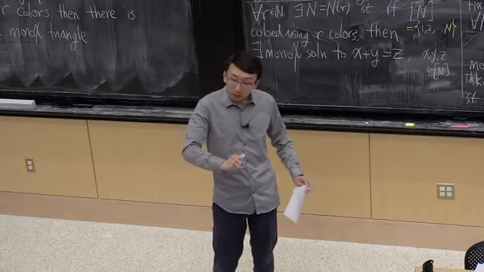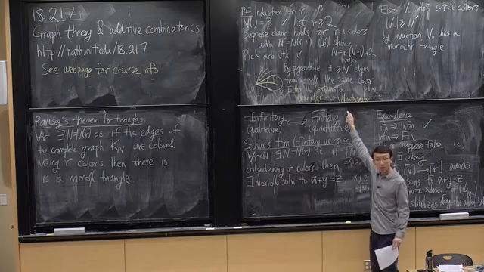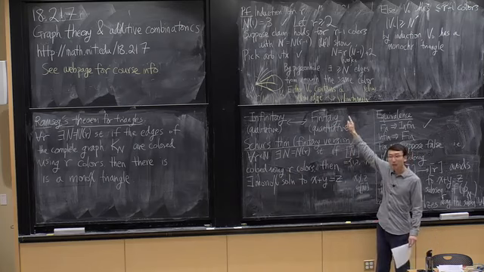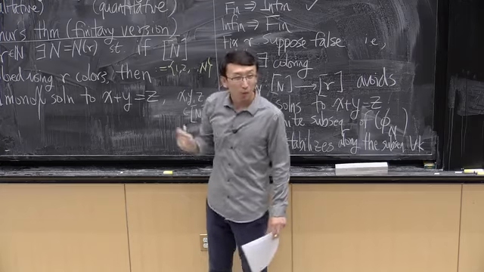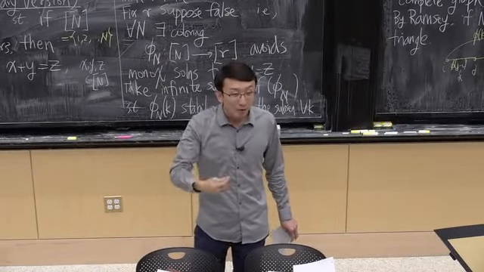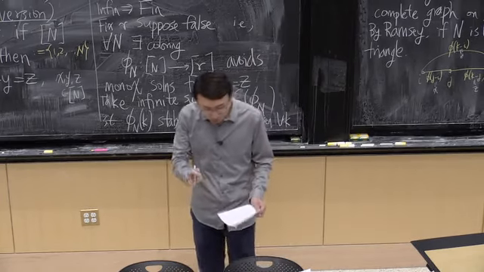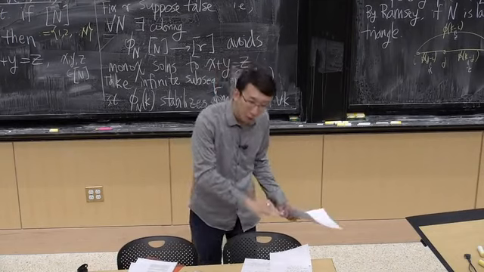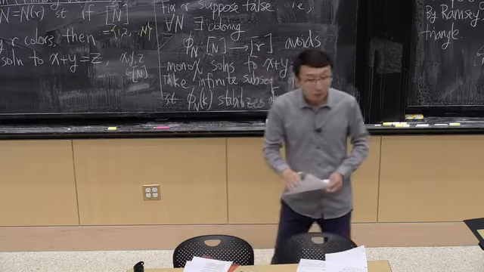And then we did an induction argument. Remember in the proof of Ramsey's theorem, there was an induction argument taking out vertices. And that argument doesn't make that much sense if you stayed within the numbers. Somehow moving to graphs gave you that extra flexibility, allowing you to do more things. And this is one of the advantages of moving from a problem about numbers to a problem about graphs. And we'll see this connection later on as well.